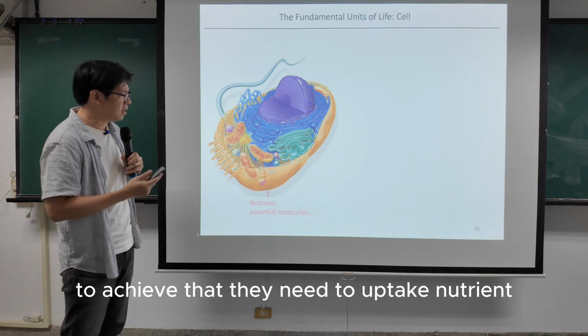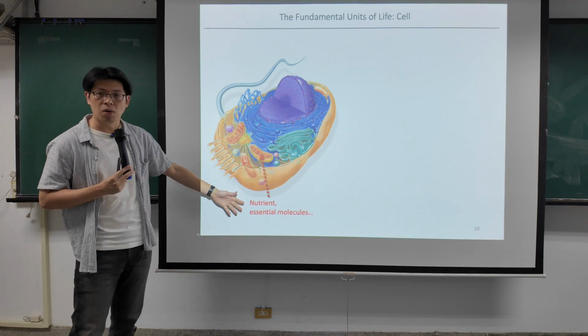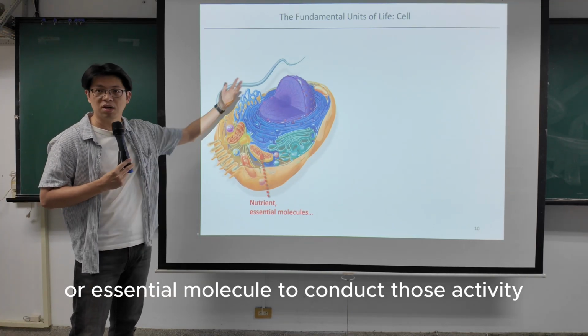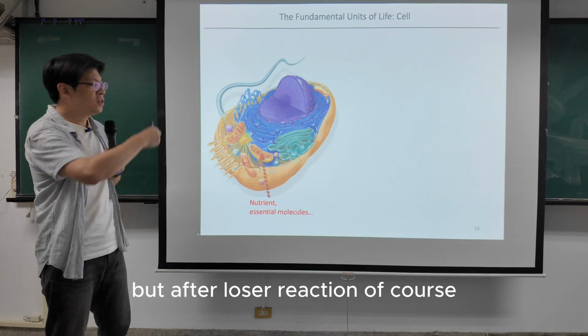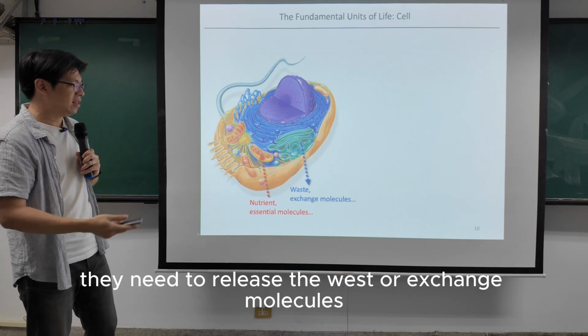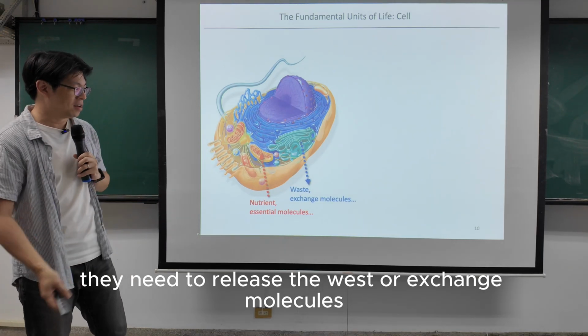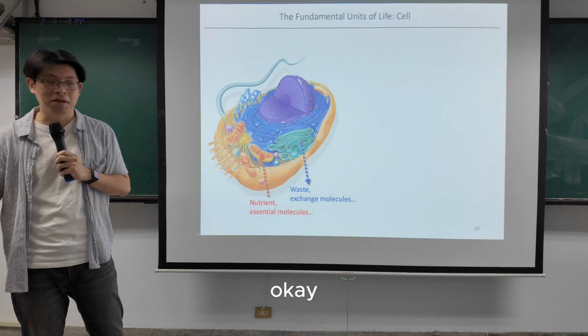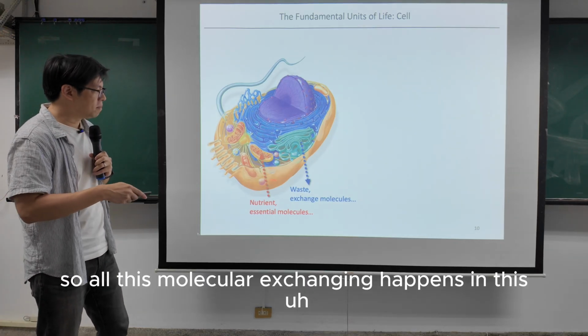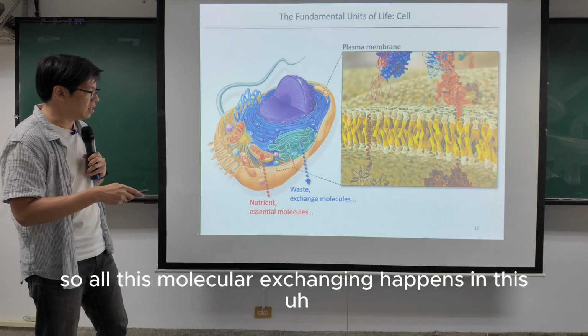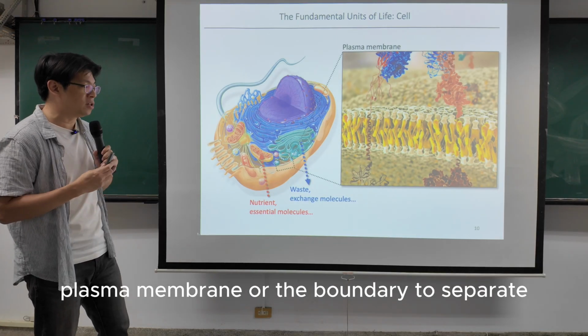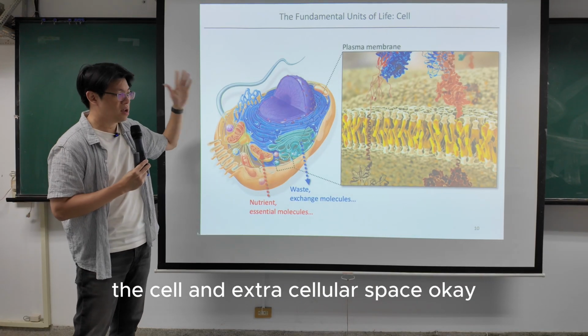To achieve that, they need to take up nutrients or essential molecules to conduct those activities. But after those reactions, of course, they need to release waste or exchange molecules. Okay, so all this molecule exchanging happens in the plasma membrane, the boundary that separates the cell and the extracellular space.